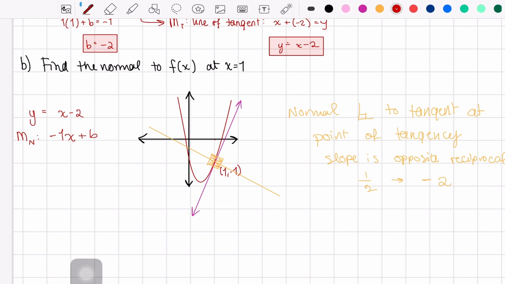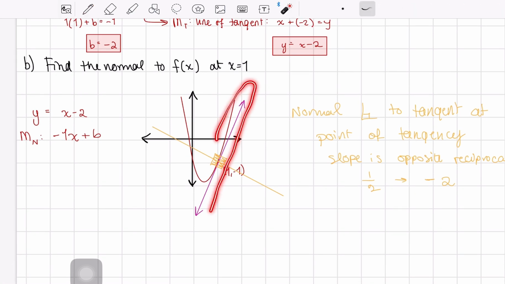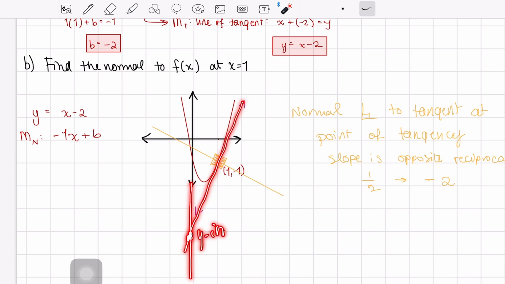Now, we have the slope, but as we can see, this pink line over here has a different y-intercept. The y-intercept is somewhere around here. If we make this longer, it's going to be the y-intercept. Now, keep that in mind.